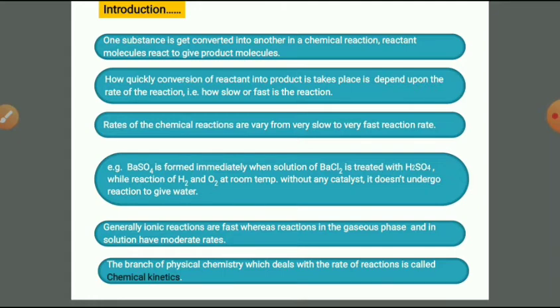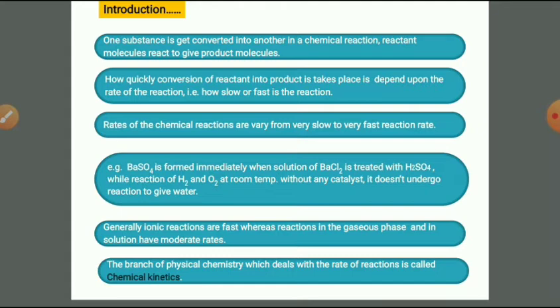How quickly the conversion of a reactant into product takes place depends upon the rate of reaction, that is, how slow or fast the reaction is. So that depends upon the interaction of molecules.